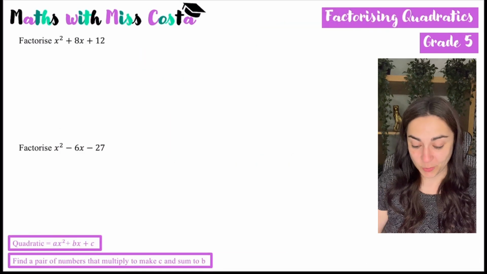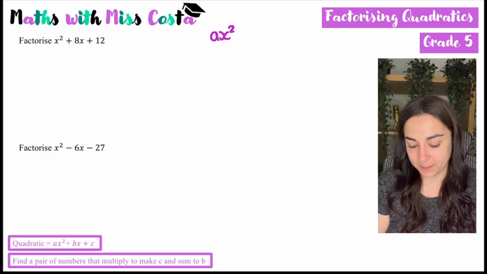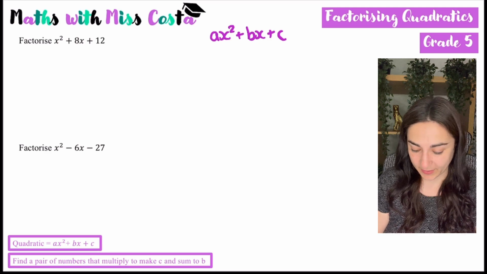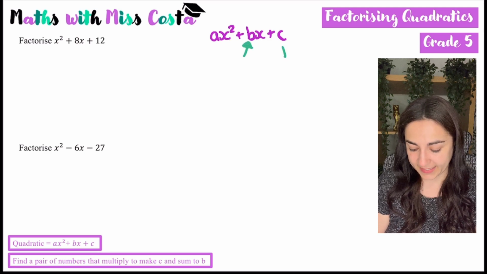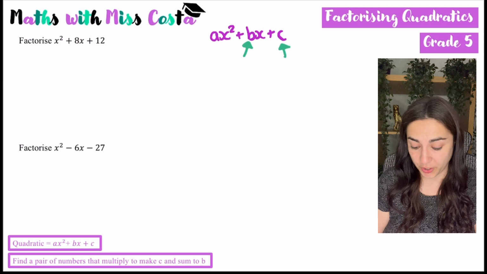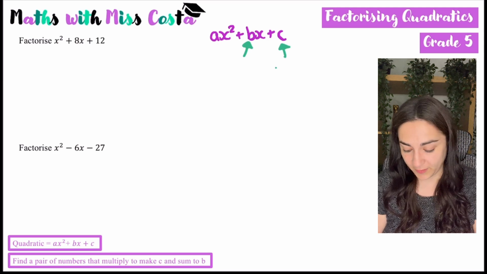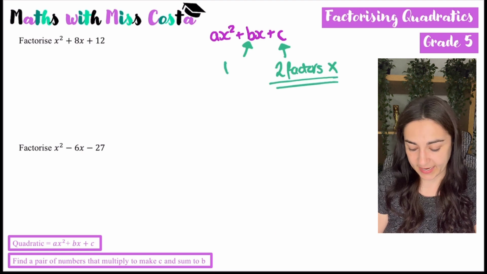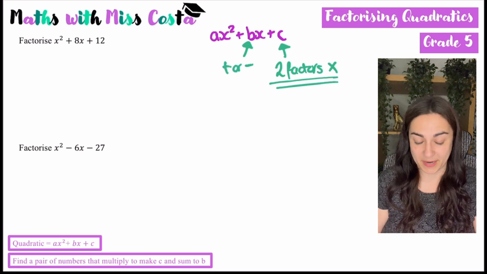Okay, so factorising quadratics, every quadratic can be written in the form ax squared plus bx plus c. And all that means is that a is the coefficient of x squared, b is the coefficient of x, and c is the number that's on its own. So you're always looking for two factors that times to make c, and add or subtract to make b.